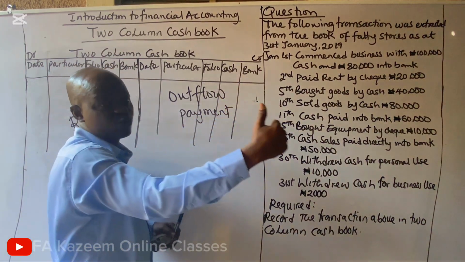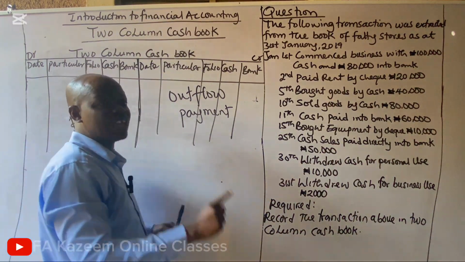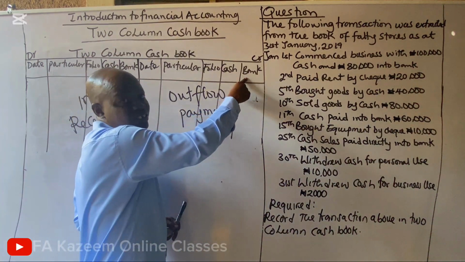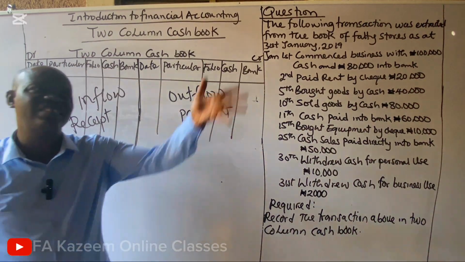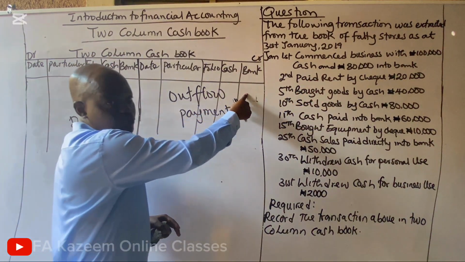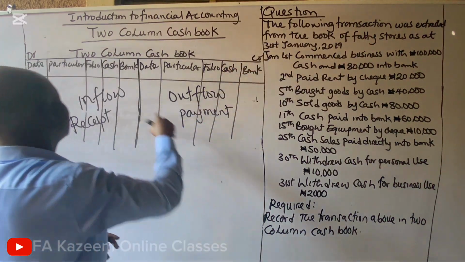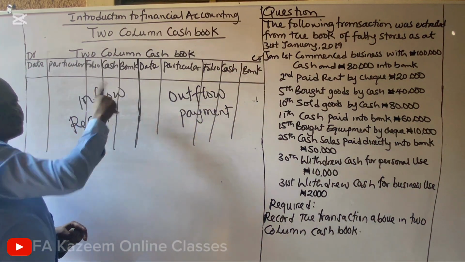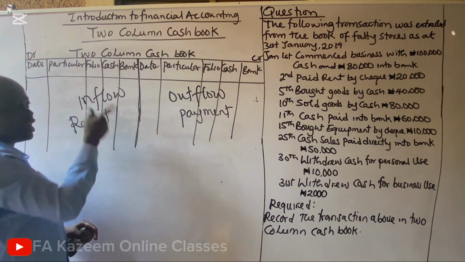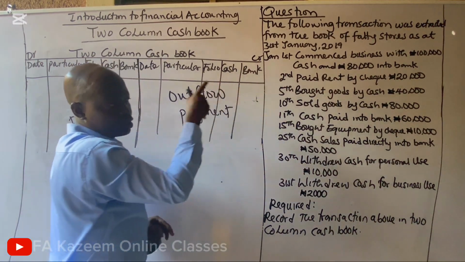In that case, the bank will send you a debit alert as a message, as a reminder that we have debited our own book. Don't forget to update by crediting your own book. Meaning, if the bank is debiting their bank statement, the customer is meant to credit his cashbook. And if the bank is crediting the bank statement, the customer is meant to debit his own cashbook. The cashbook is meant for inflow of money, either through cash or bank, and outflow of money, either through cash or bank. That is that.